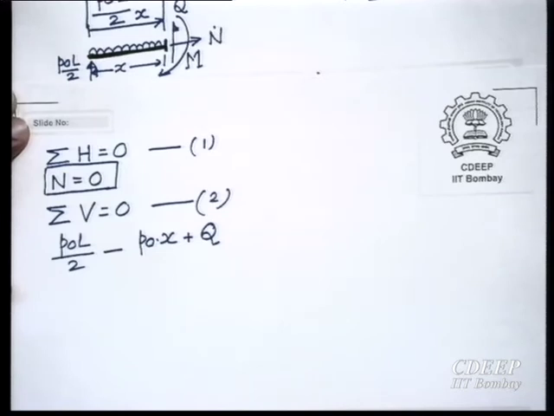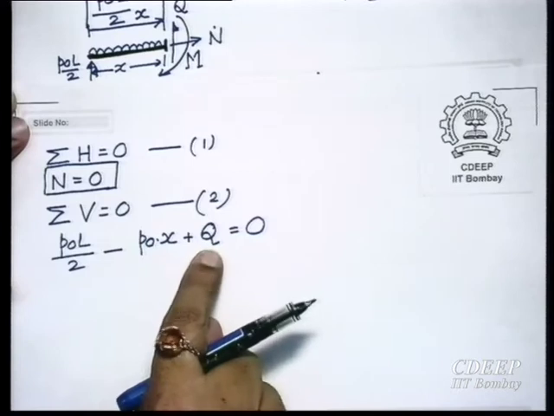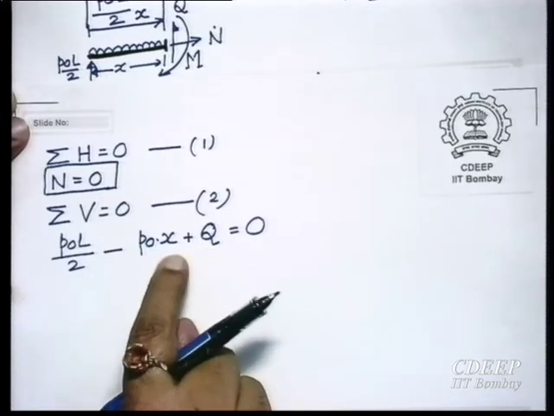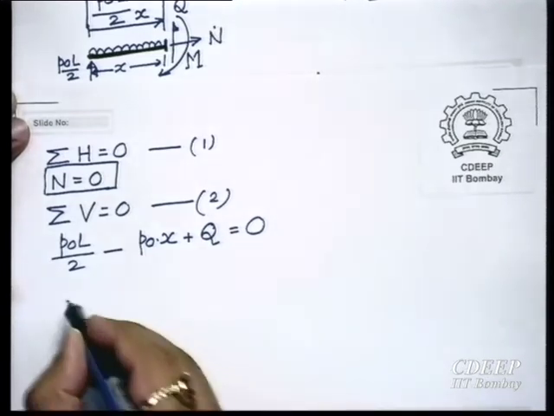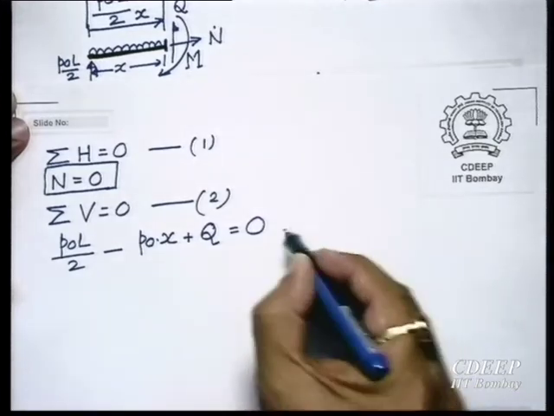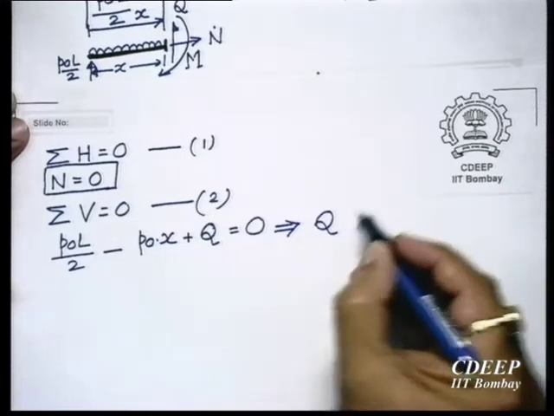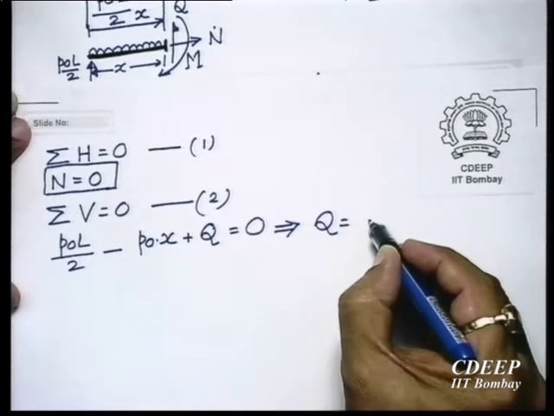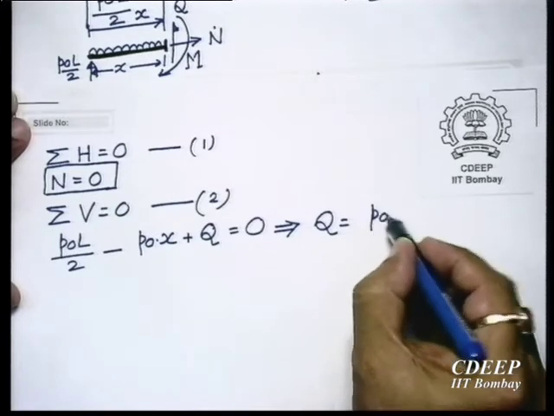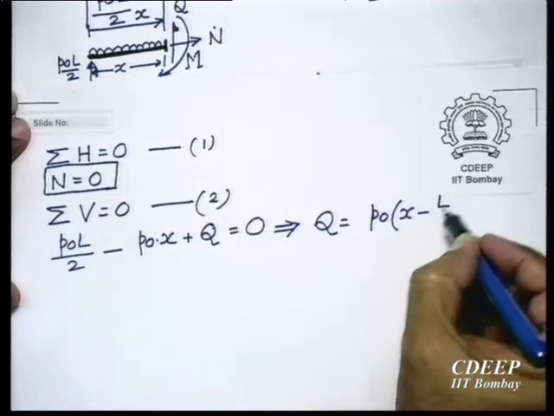Now, here there are two unknowns, but I think we can get the value of q here. From here you get the value of q. q will be equal to P naught into x minus L by 2.